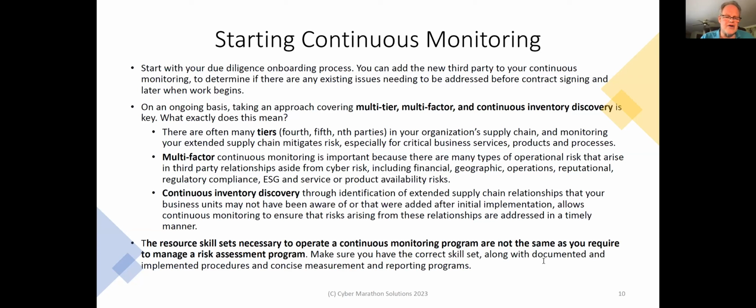Now with continuous monitoring, you can monitor in various ways. You can do multi-tier, multi-factor, and certainly continuous inventory discovery. When I talk about multi-tier, you can discover relationships potentially with fourth, fifth, and nth parties that you were not aware of. Everybody talks a lot about third party risk management, and I believe not enough about fourth and fifth party management.